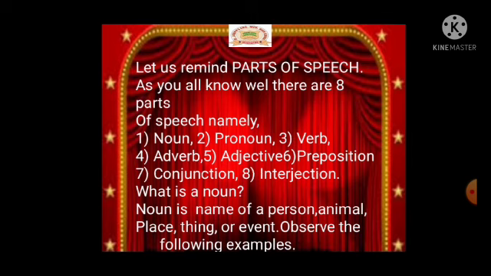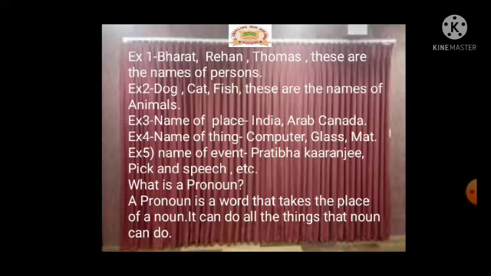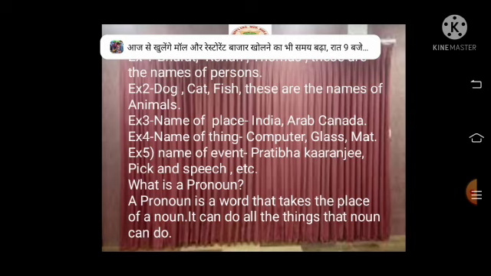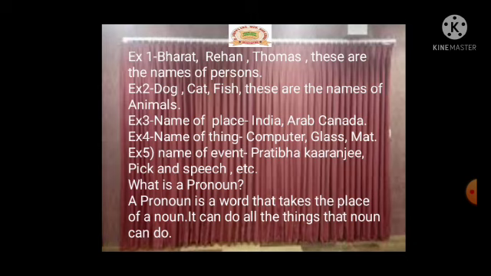First of all, we should try to know what is a noun. A noun is the name of a person, animal, place, thing or event. Observe the following examples in the next slide. Example 1: Bharat, Rehan, Thomas, these are the names of persons.